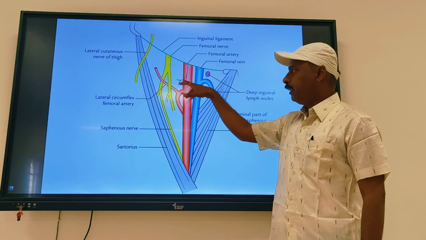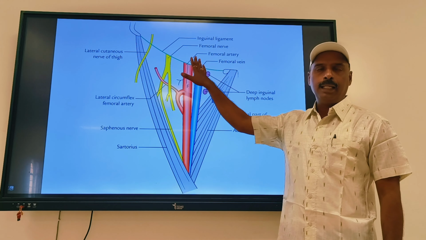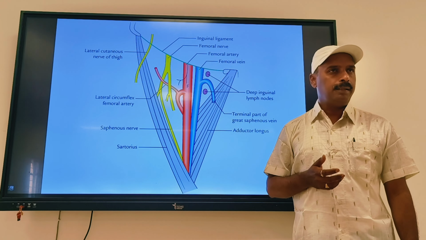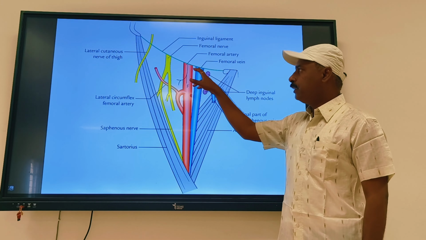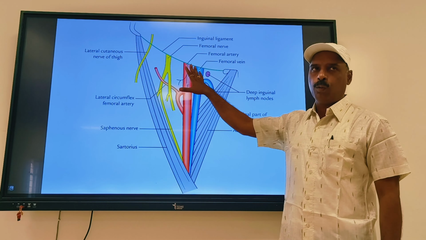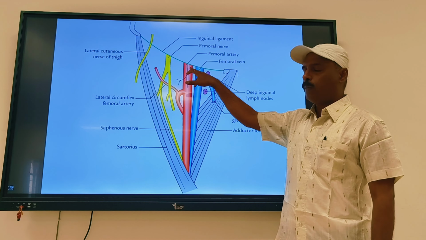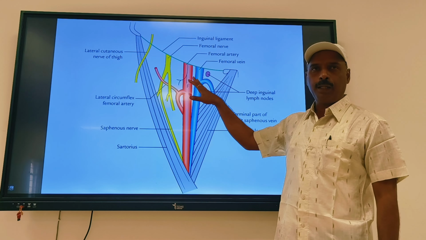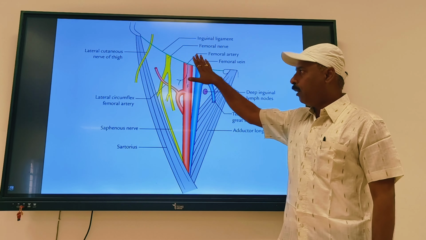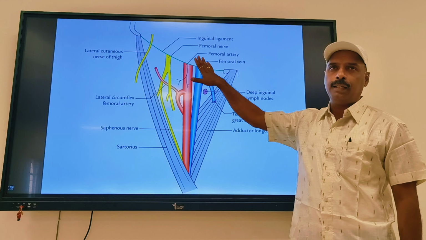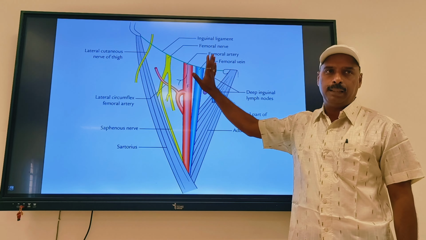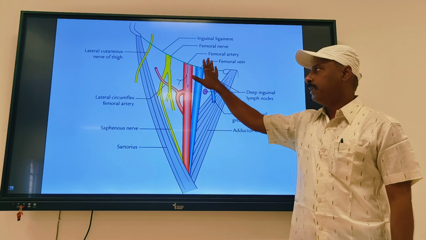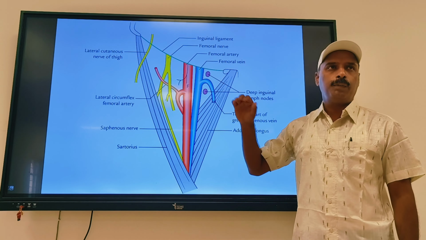So femoral artery relates anteriorly to skin, superficial fascia and deep fascia. We are going to get the superficial inguinal lymph nodes. Then the femoral branch of the genitofemoral nerve and the medial circumflex femoral vein. Then we have the anterior wall of the femoral sheath. These all are the anterior relations of the femoral artery.